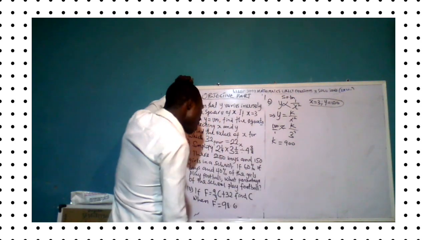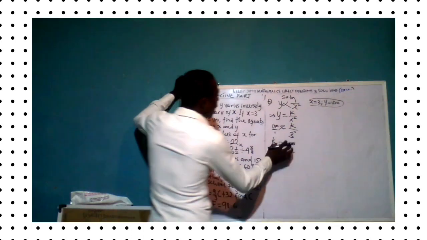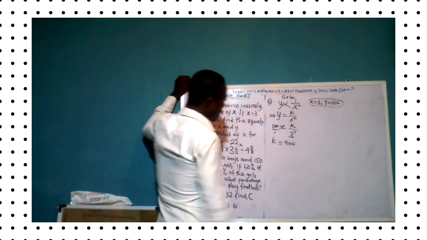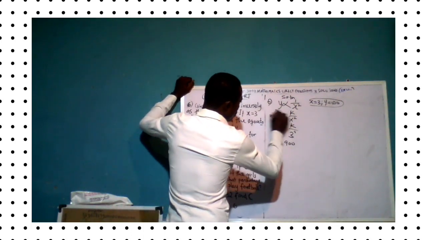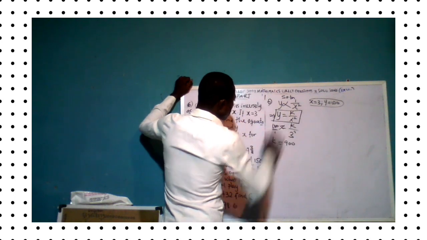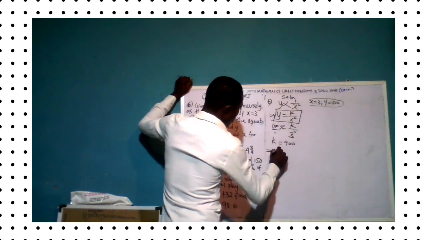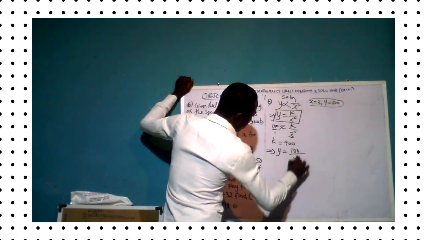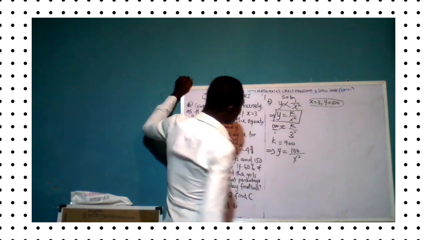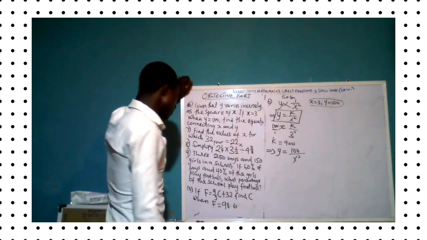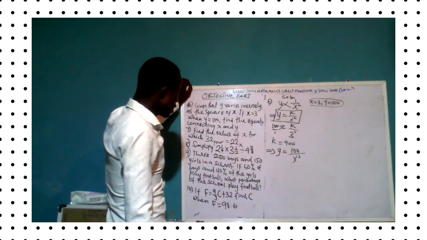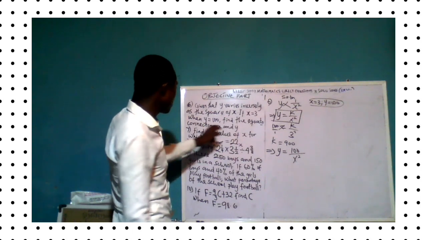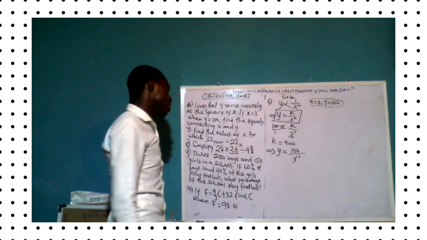And since k is equal to 900, bring back what k is into this relation. It implies that y equals 900 all over x squared. So that's the relation. Because we are asked to find the equation connecting x and y, that's the equation that connects x and y.